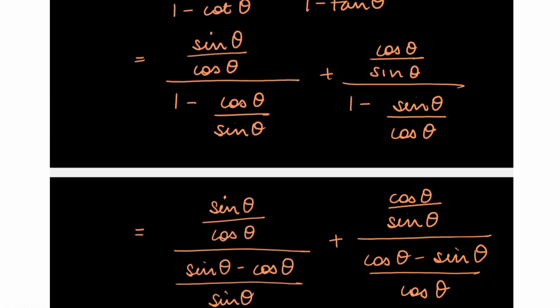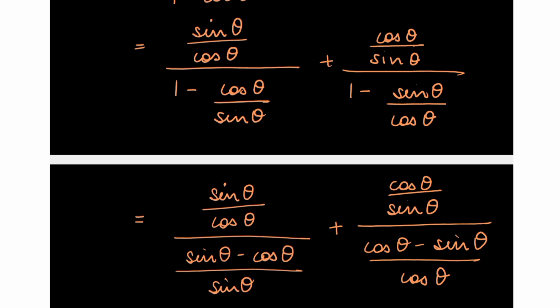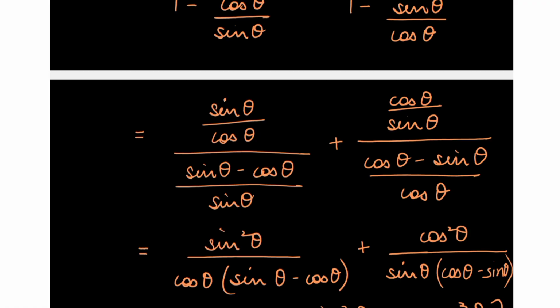So we'll take sine theta in LCM here and here cos theta in LCM. So we will get this in the denominator, sine theta minus cos theta upon sine theta, and in this term cos theta minus sine theta upon cos theta. Okay, so now we'll just multiply.